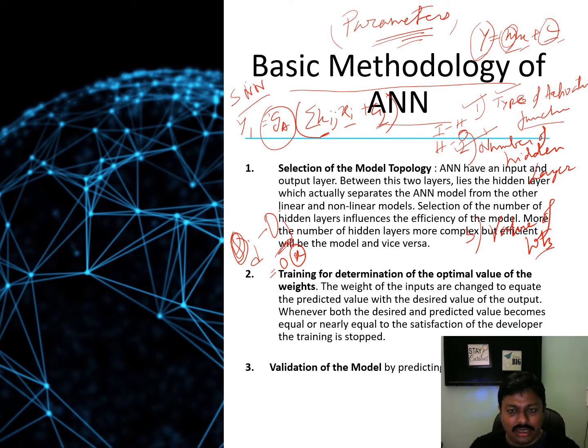Now in reality, what we do is we divide the available set of data, where the input and output are known, into 70-30. Some do it as 60-40. That means 70% of the data we use in training, and 30% of the data is kept aside for testing how good the model is.